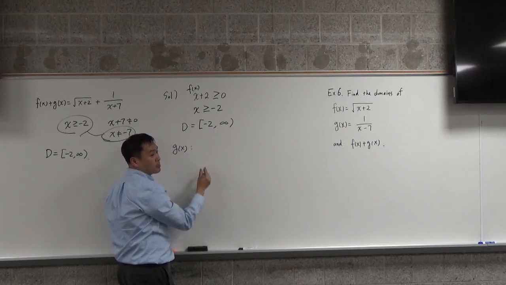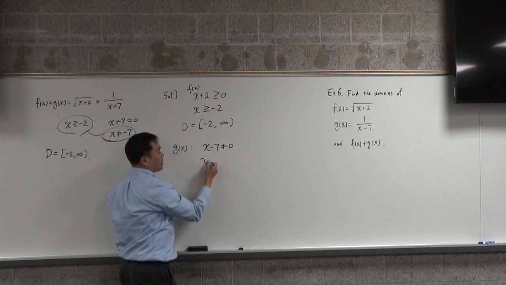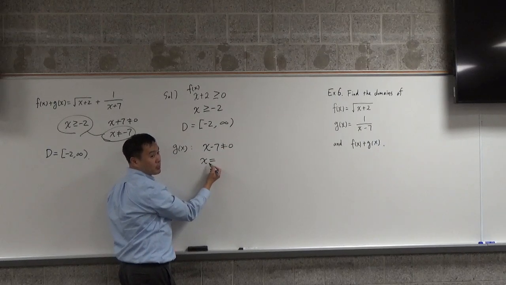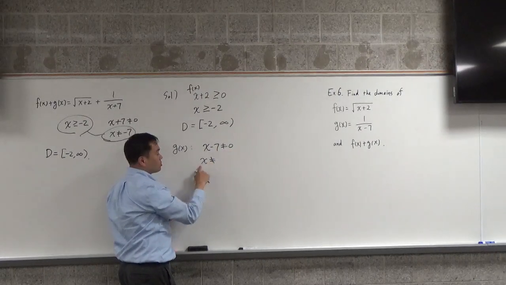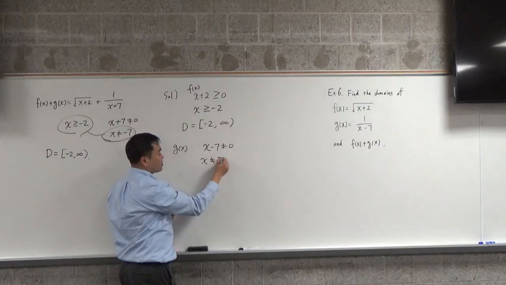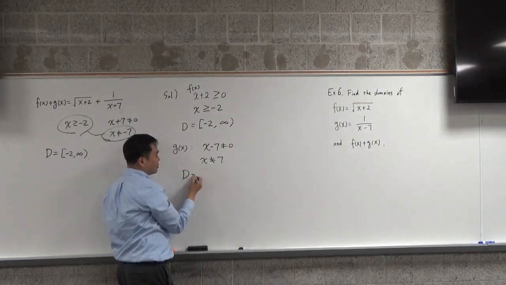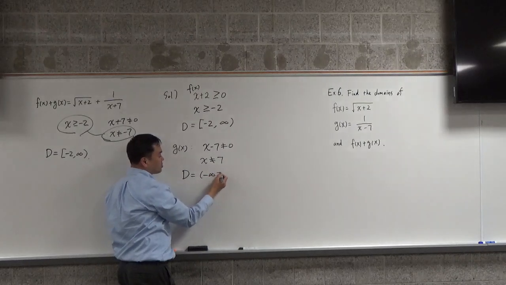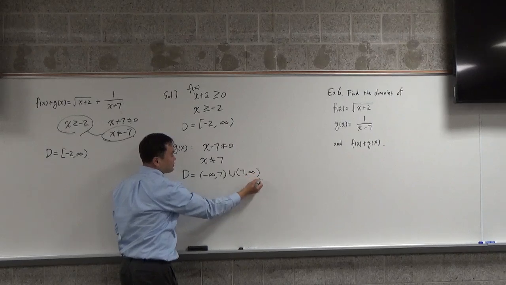G of x. This time x minus 7 cannot be 0, so x cannot be what? Just add 7 both sides, right? So x cannot be 7. And therefore, the domain is negative infinity up to 7, union 7 to infinity.